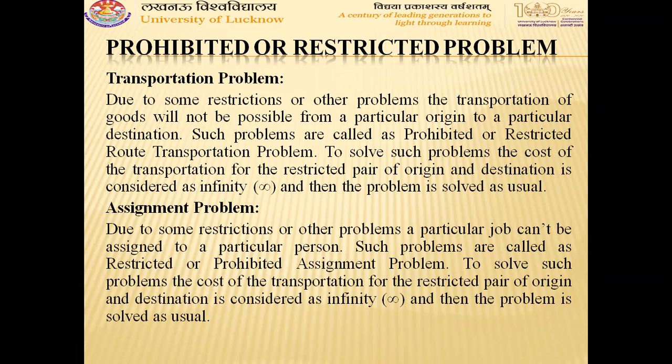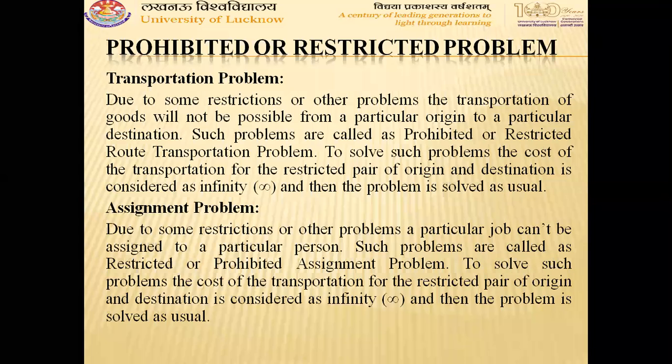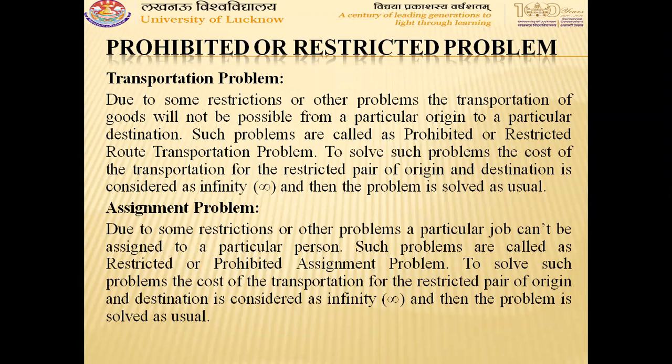There may be certain reasons, such as region A being very far from 1, or there is some issue between the distributor and supplier, so that supply cannot be made. Such problems are called prohibited or restricted route problems in case of the transportation problem.